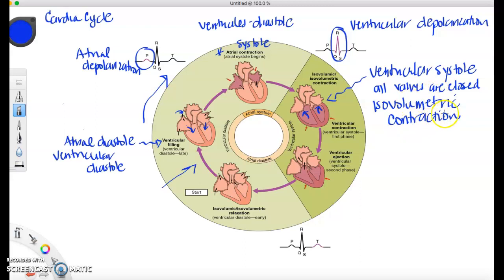And here is where the maximum amount of blood is in there. So we call that end diastolic volume, or EDV.